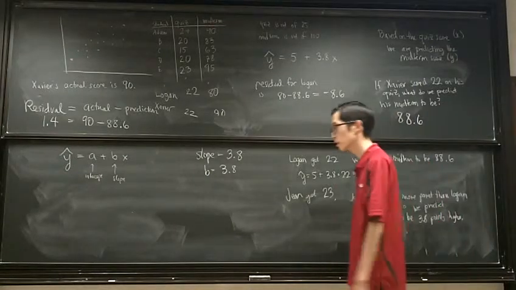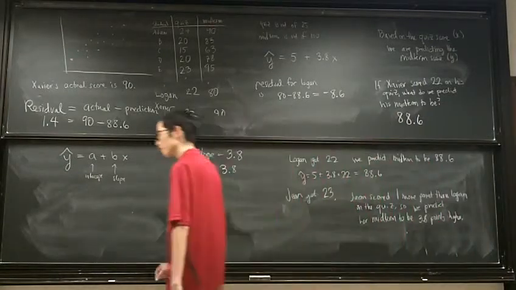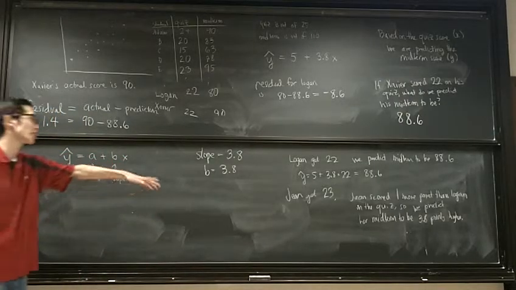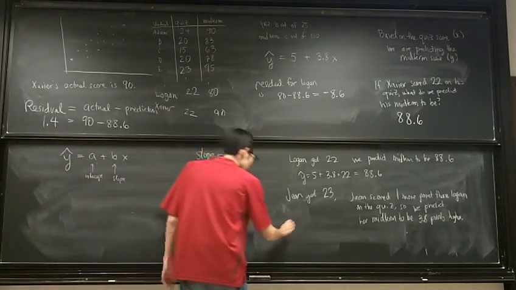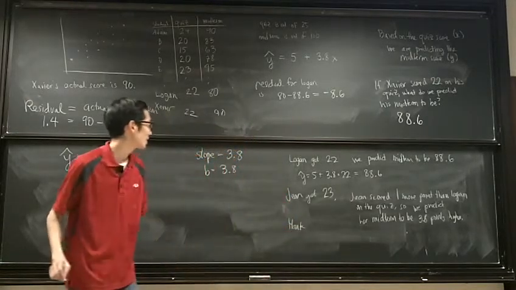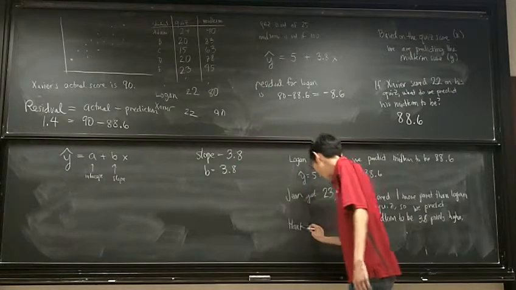This is slope, not standard deviation. And let's say Hank. Let's say Hank got a 21.